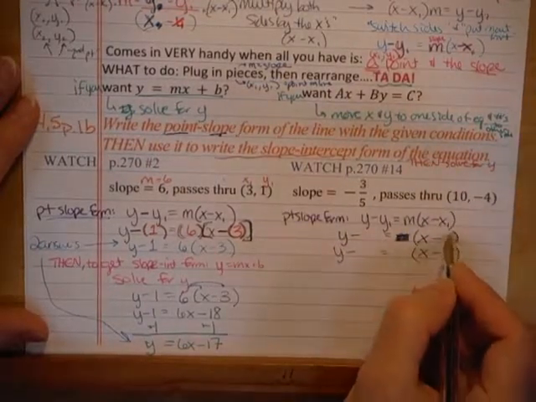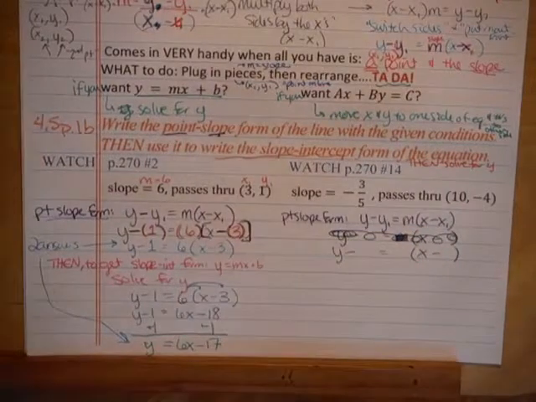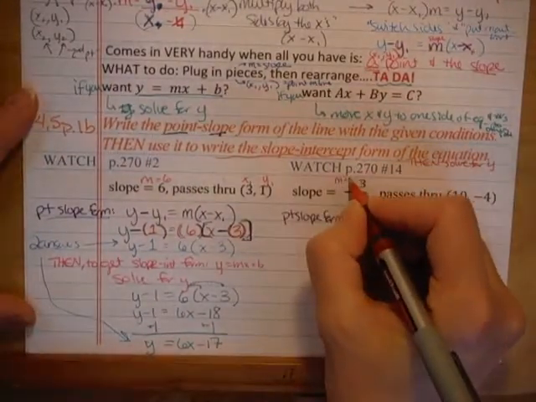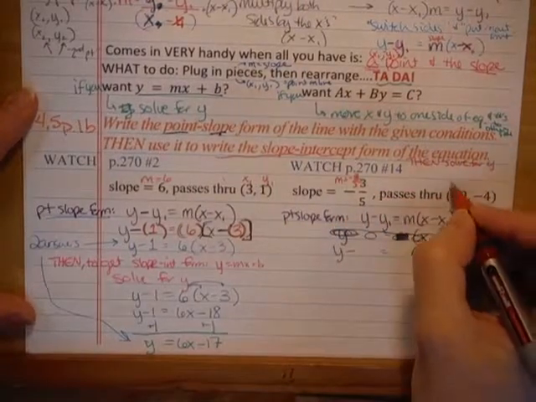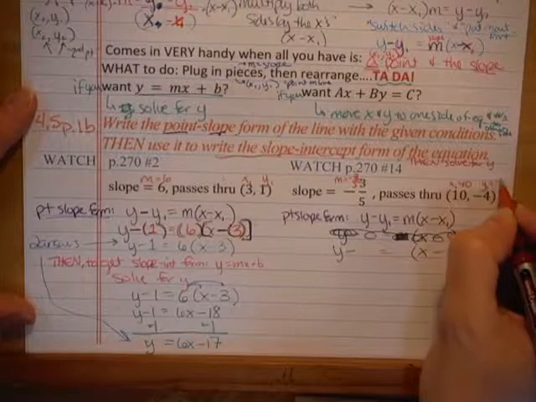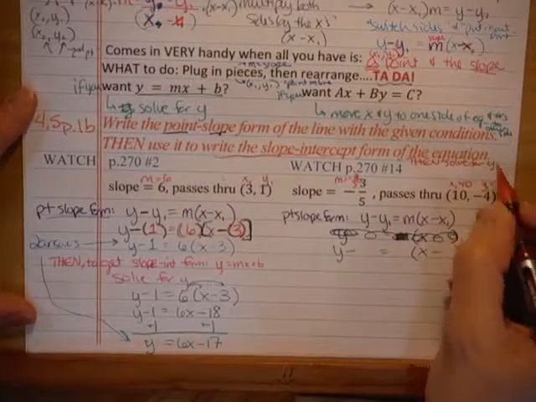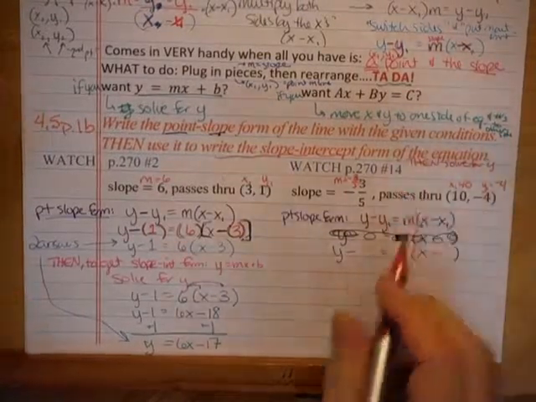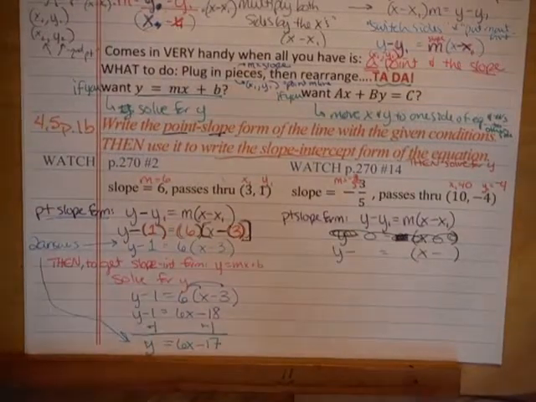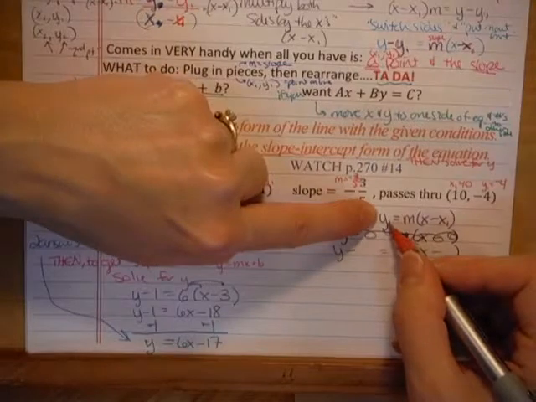Okay, so those are the pieces I'm going to fill in here. And what are those pieces? Well, here's our slope value. Our slope is -3/5. Our x1 is going to be 10 because that's the point xy, and our y1 is going to be -4. It's -4 that I'm going to be subtracting, because it's y minus whatever that y value is.